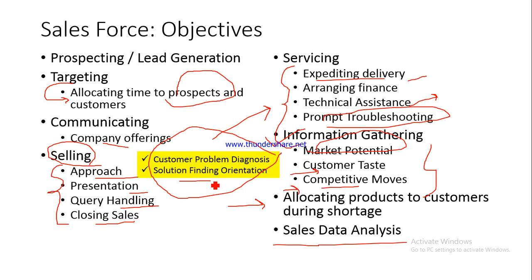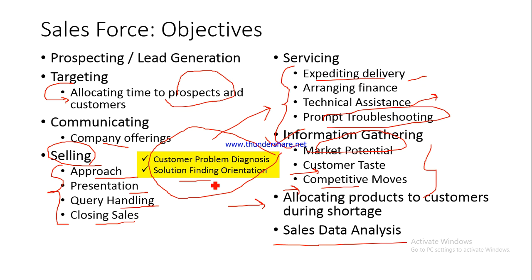So you are sacrificing your short-term gains for long-term gains, and that is why this is a very, very rational strategy, right? So these are the various tasks which are assigned to the sales force or to the salesperson who is part of that sales force.